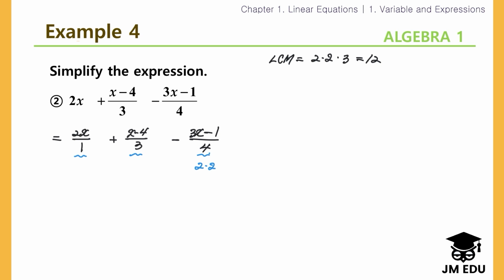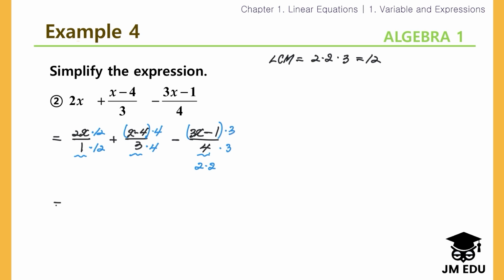So what I'm going to do is multiply this expression, denominator and numerator, by 12 to make the denominator 12. And here times 4, 3 times 4 is 12, right? And all of this expression times 4, and here times 3, all of this expression by 3.